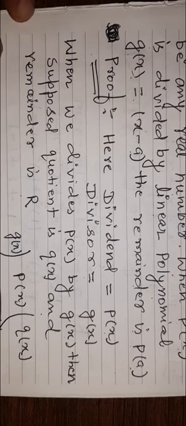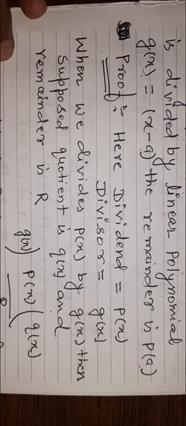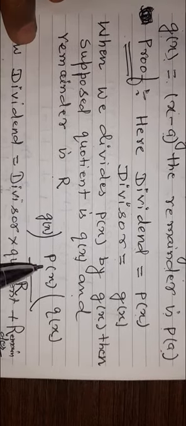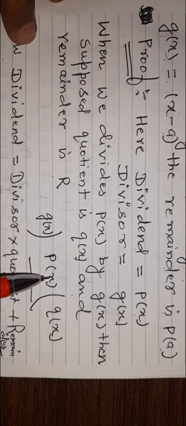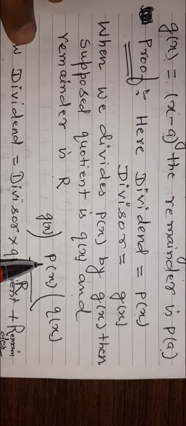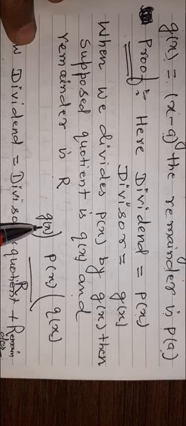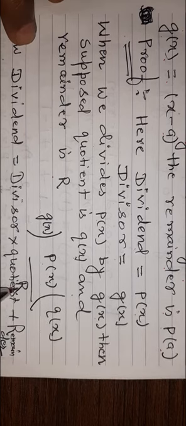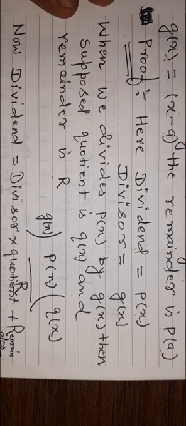For a clear concept, look here: the dividend p(x), divisor g(x). When p(x) is divided by g(x), suppose the quotient is q(x) and the remainder is r.